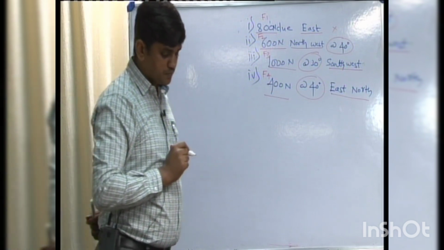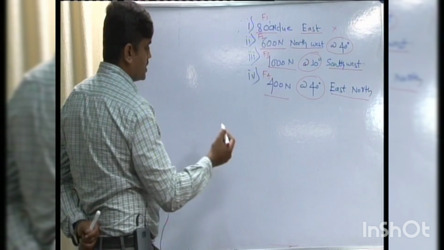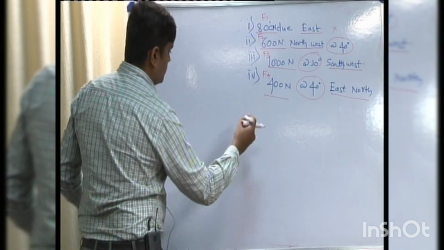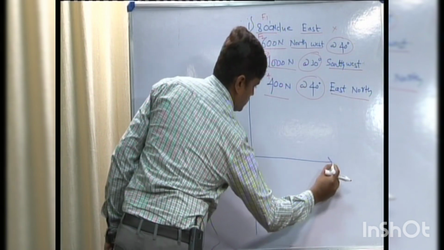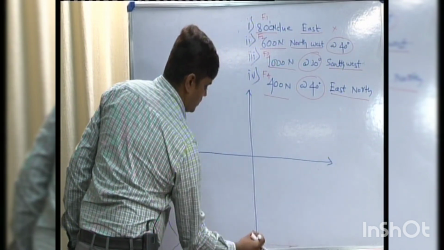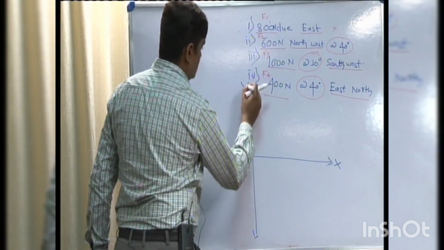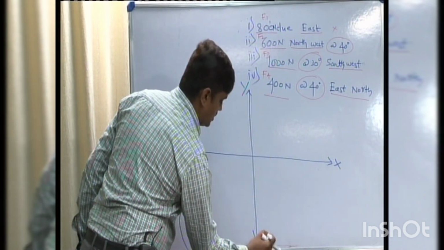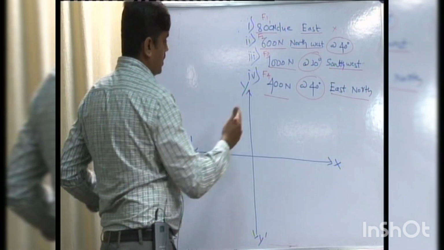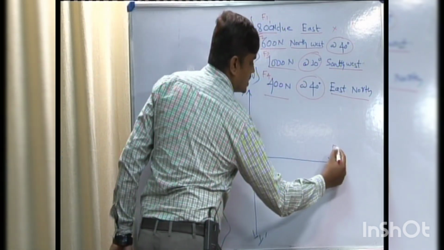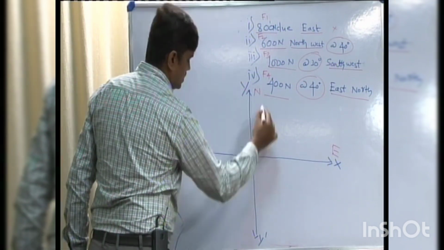Now here let's draw the coordinate system. As we have done in the earlier problems, x dash, y dash, and we are also writing east, west, north, south.